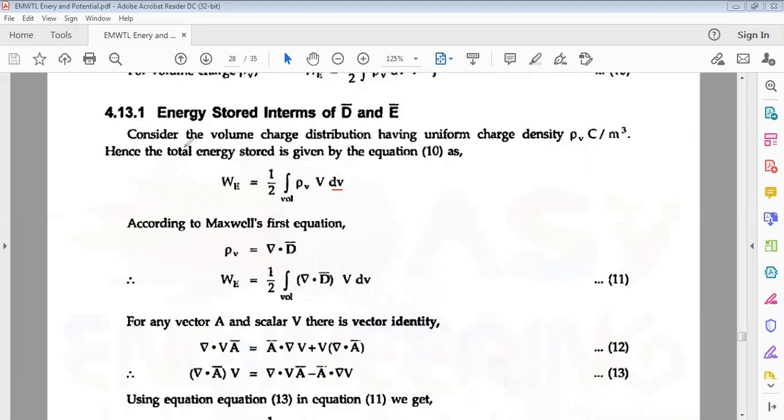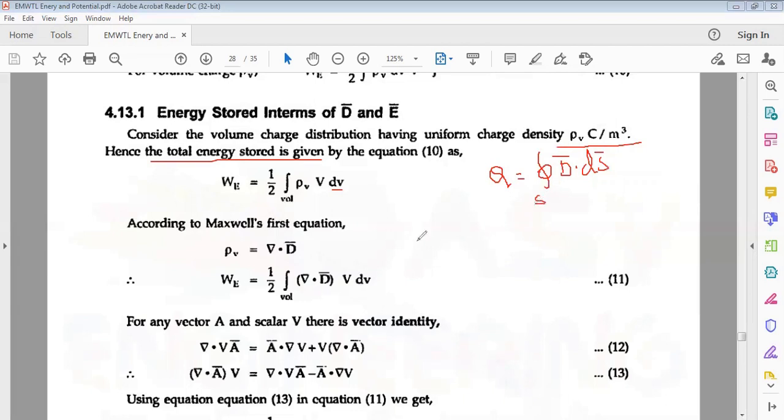Okay, my dear students. Consider the volume charge distribution having the uniform charge density rho v. The total energy stored is given by W is equal to 1/2 the volume integral of rho v into V dv. From Maxwell's first equation, from Gauss's law, we got Q is equal to the integral of D bar dot ds bar.